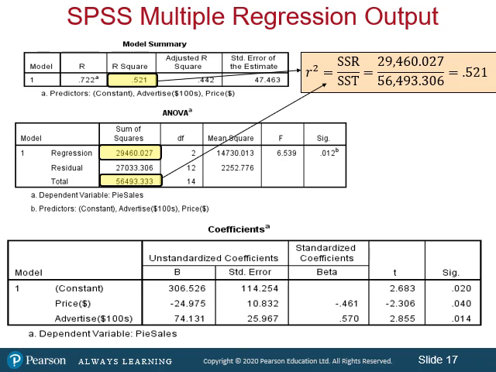How is the F value calculated? We take the sum of squares divided by degrees of freedom to get the mean sum of squares. We take the residual divided by its degrees of freedom to get the mean square residual. Mean square regression divided by mean square residual gives you the F value, and then we look at the table value to compare whether it's significant or not. Here we will also look at the p values.